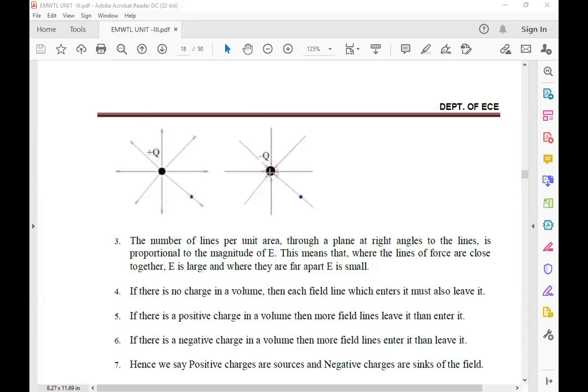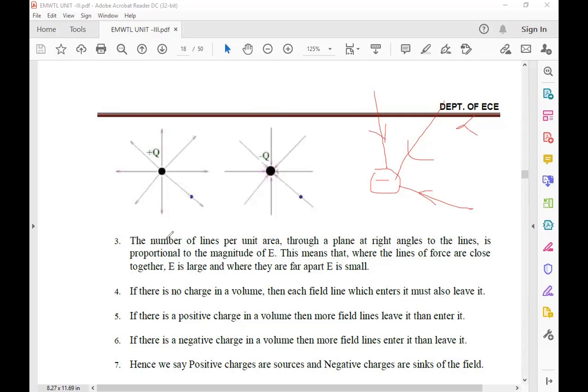You see the arrow mark is towards the negative charge here. If there is any negative charge Q, the lines of force come from infinity, also radially.